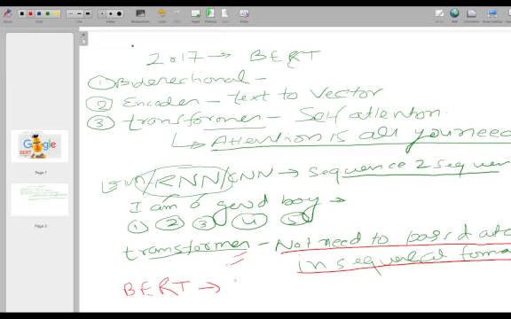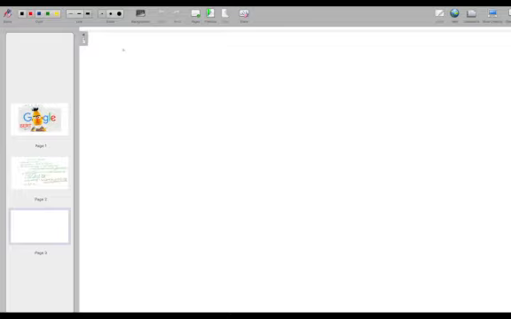Okay, so BERT will be able to handle the data, and it will basically understand the context. Now the next question that arises is how BERT is able to understand the context. Okay, let me write it here: how BERT understands the context.